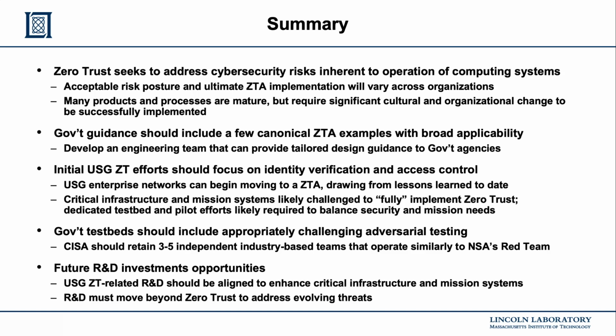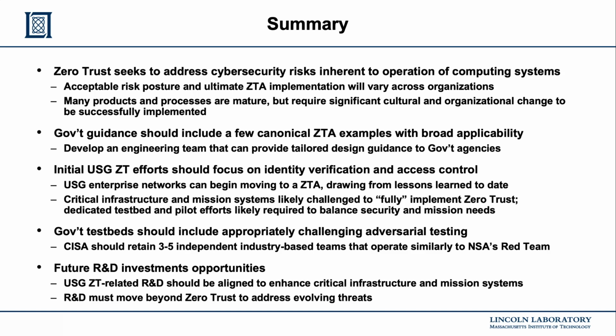Initial efforts towards zero trust should focus on identity verification and access control. We think that's where the most bang for the buck will happen in the short term. And as those networks evolve towards zero trust, they'll learn more about what they're doing and apply additional functionality that we talked about today. Testbeds should include challenging adversarial testing.